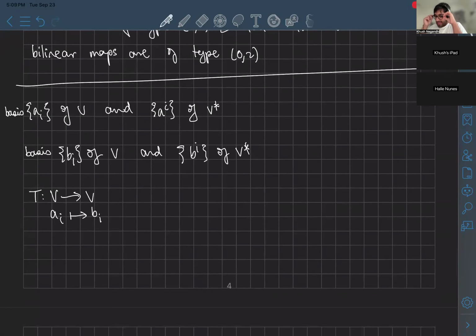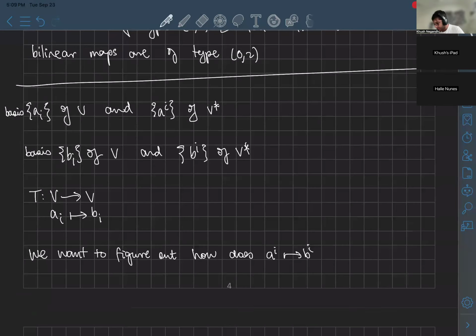I know that my basis vectors change using T. So how does my dual basis change? What transformation takes a_i into b_i?